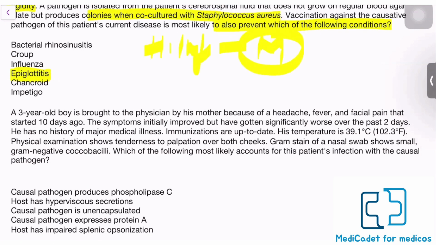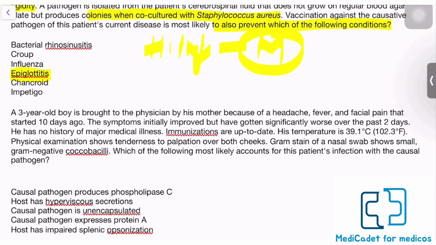All right, try to answer this question as well, so that you'll get a clear idea of what I'm talking about in the vaccine part.